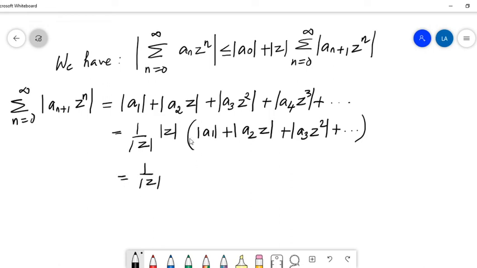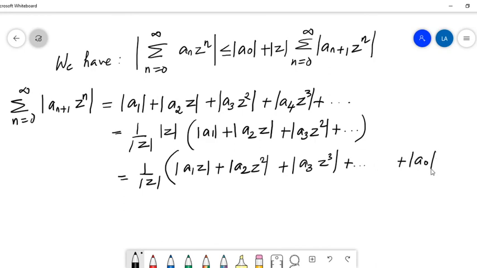Now this is equal to 1 by mod z. And when I multiply modulus of z into this braces, I am going to get modulus of a_1 z plus modulus of a_2 z square plus modulus of a_3 z cube plus etc. Now I am going to add modulus of a_0 and subtract modulus of a_0.